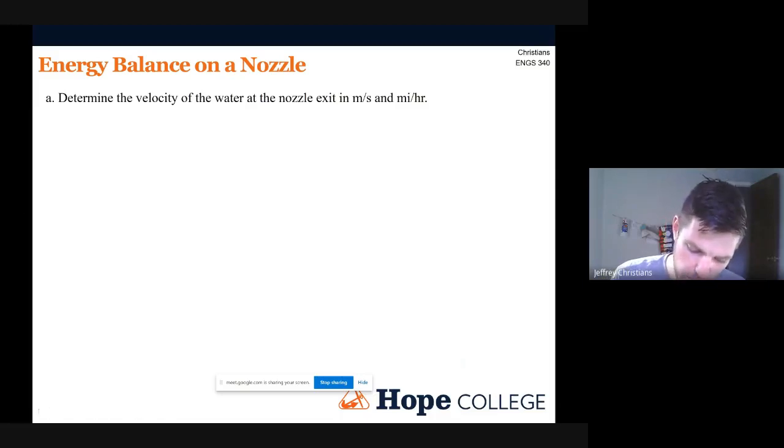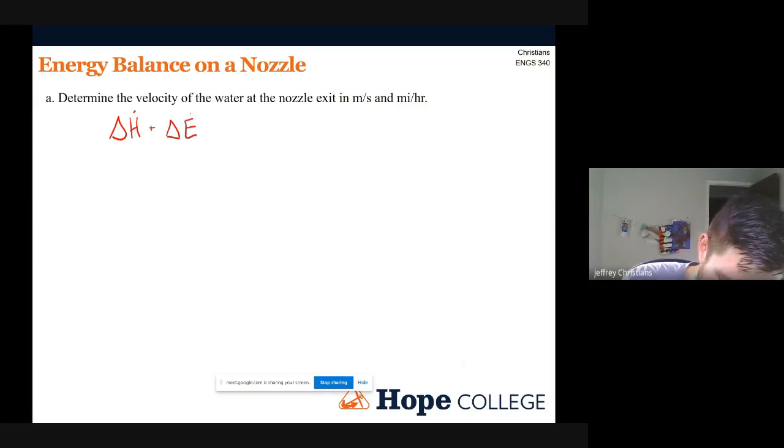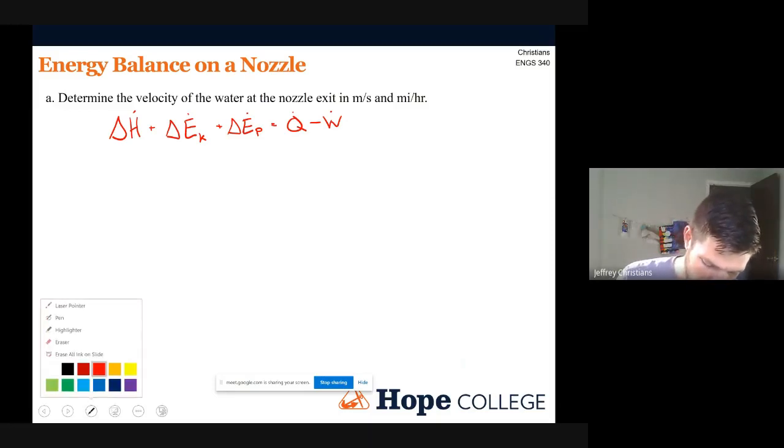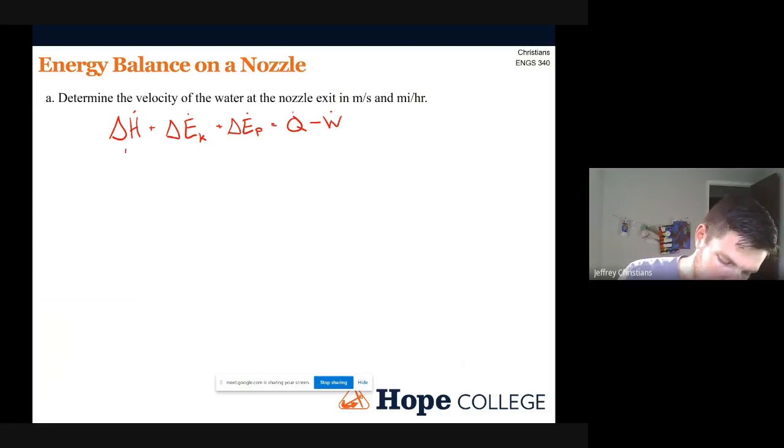So our energy balance, if we want to determine the velocity, we can start with our general energy balance: delta H dot plus delta E dot K equals Q minus W. We're basically going to go through and see which terms survive.